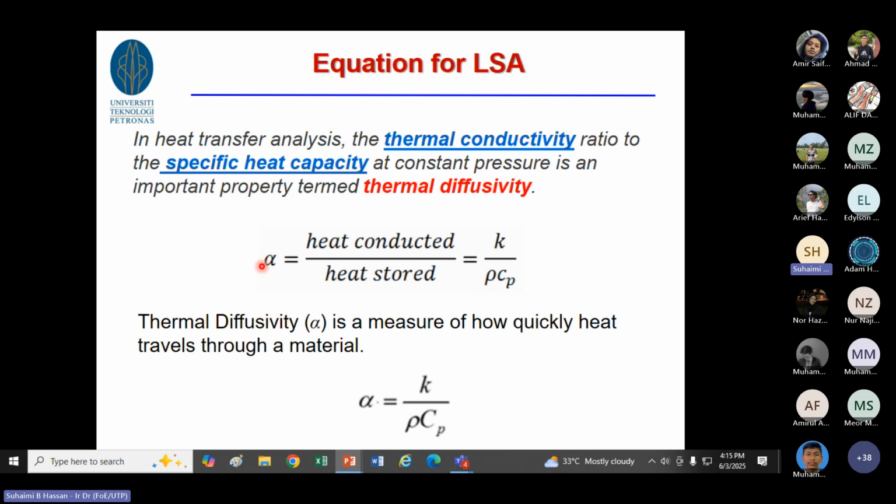Since alpha is given, and rho and Cp you know, you can get the thermal conductivity. The alpha measures how quickly heat travels through a material. This is another parameter used in lumped system analysis. Alpha equals k over rho Cp.